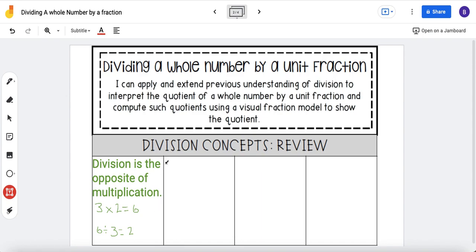So another important thing to remember that we have been talking about so far this year is that fractions are just division problems as well.